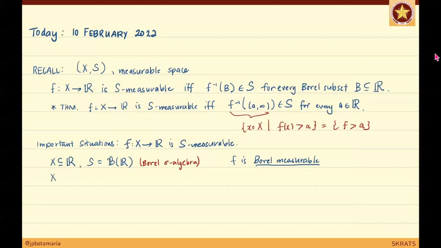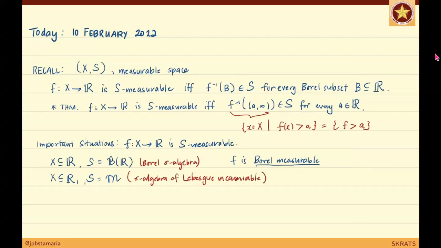Kung ang X naman ay same, no? Kapag kinuha mo siya sa real number line, and you take the sigma algebra S to be the sigma algebra M, which contains the Lebesgue measurable sets. Ito yung pinag-aralan natin ng mahabang panahon before, no?